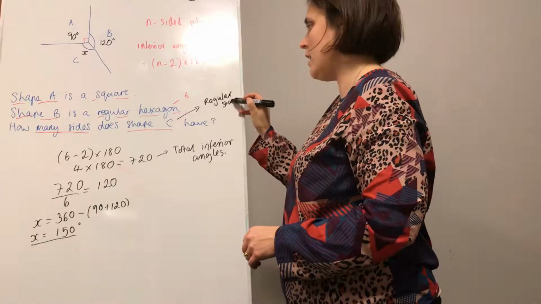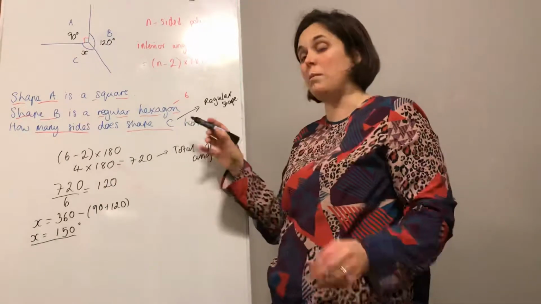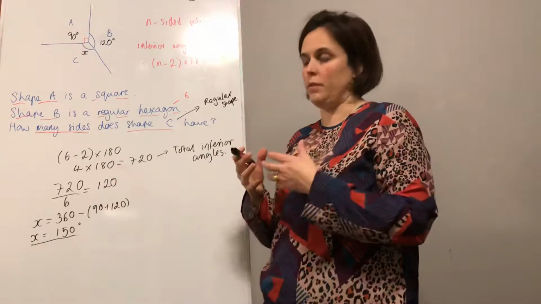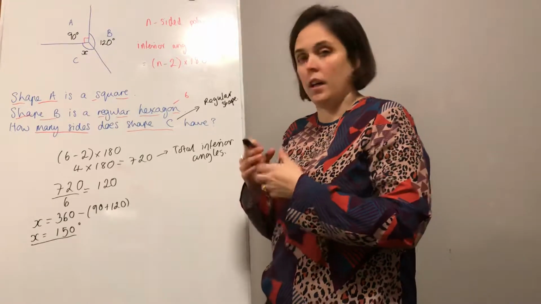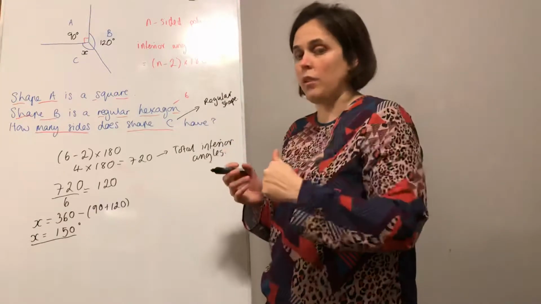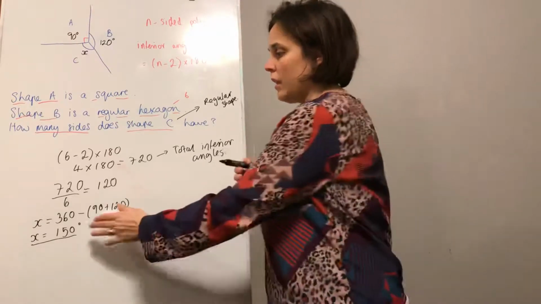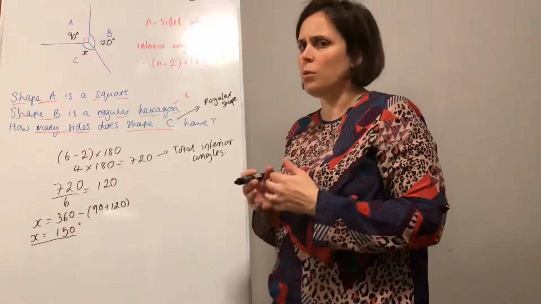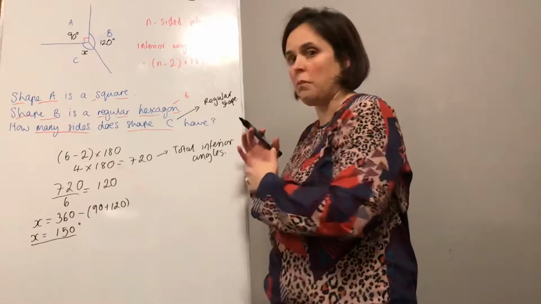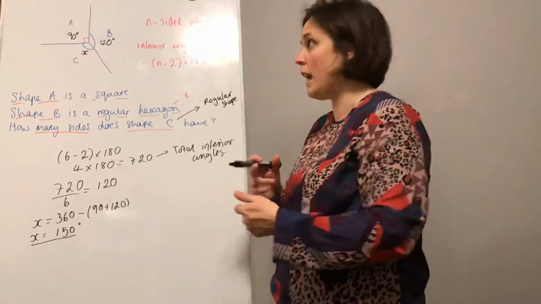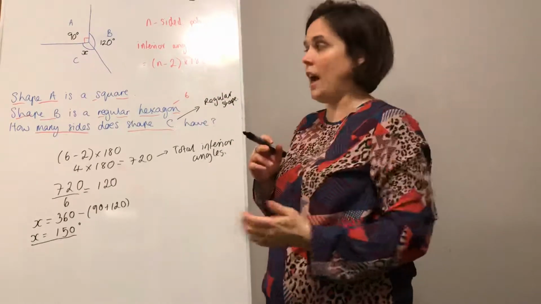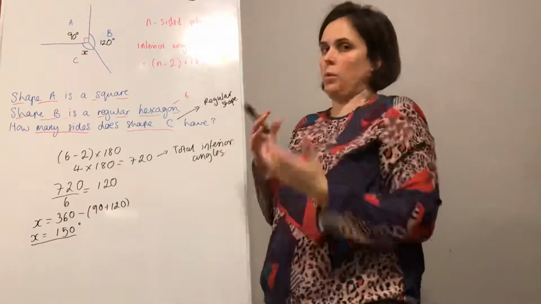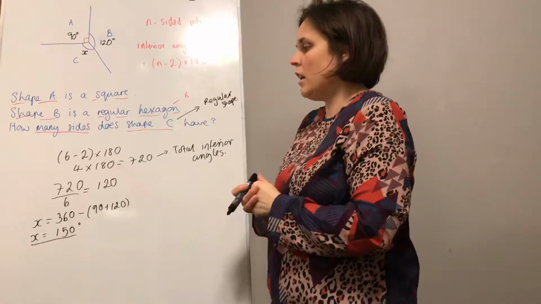In the exam question, you would be given all of that information, which is really important. So shape C is a regular shape. That means that all of its angles are equal, and they're all 150. That's all well and good, but if we don't know the shape, we don't know the total of the interior angles, because this is the formula to find that out, and if we don't know what n is, we can't find it out.